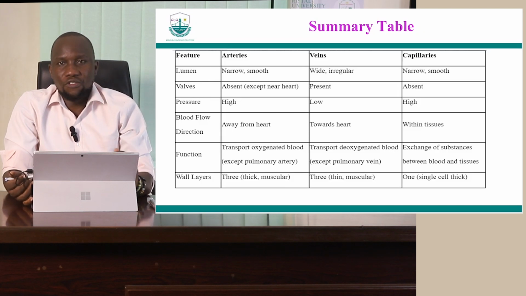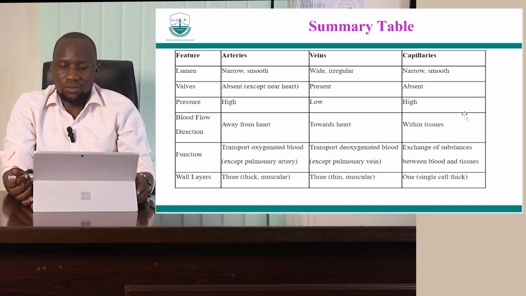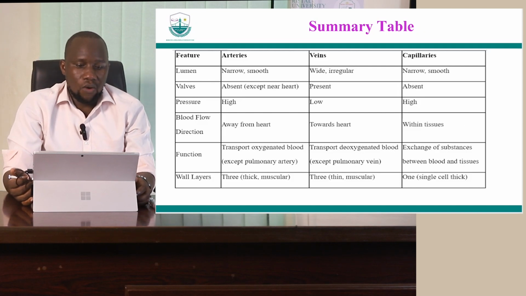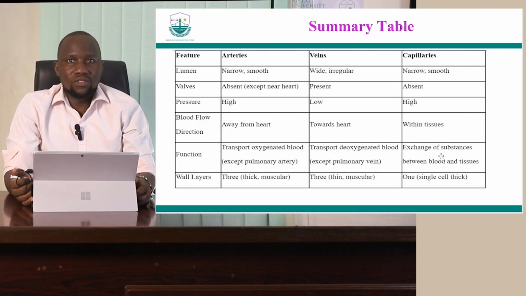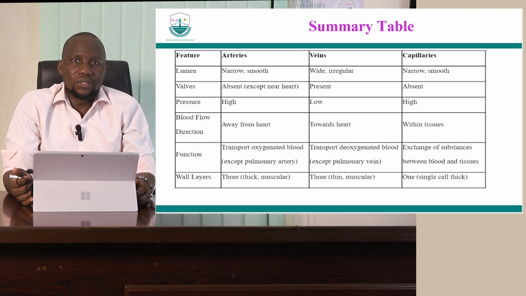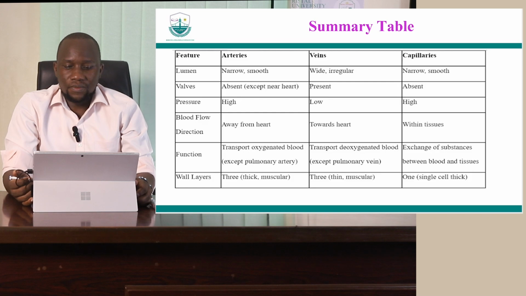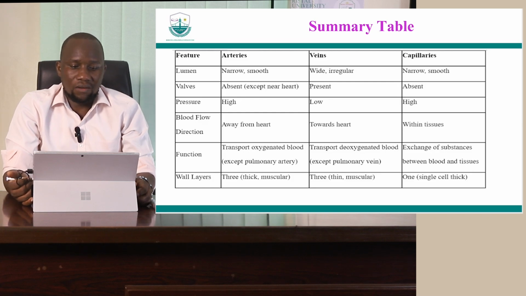There is a difference in pressure: more pressure in the arteries compared to the veins, and also more pressure in the capillaries compared to the veins. In terms of thickness, the arteries are thicker compared to the veins and also the capillaries.